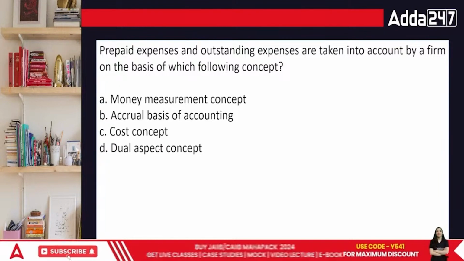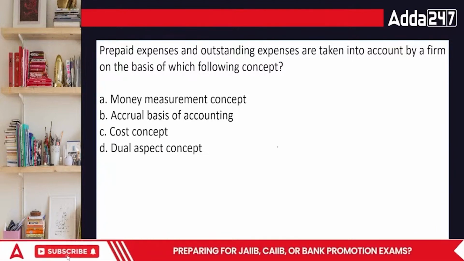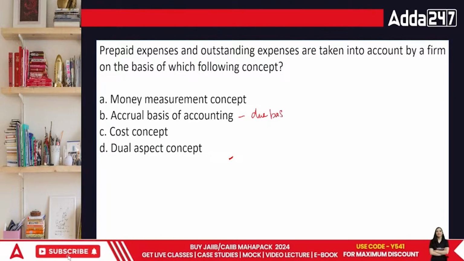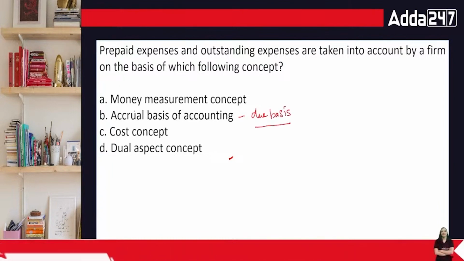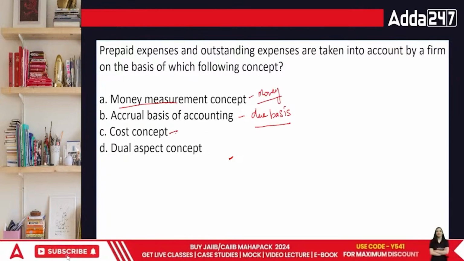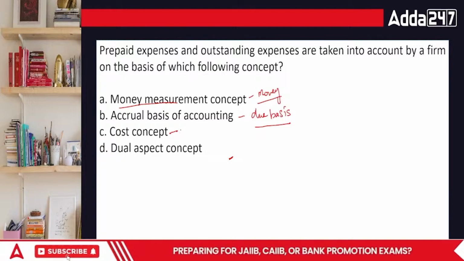When we talk about the accrual concept, that means things are recorded on a due basis. When we talk about money measurement, everything is recorded in the form of money. The cost concept is basically the concept in which the historical cost, matlab the amount you actually paid for that, has to be recorded.